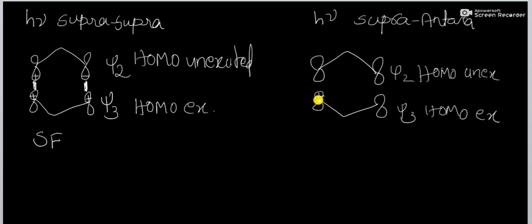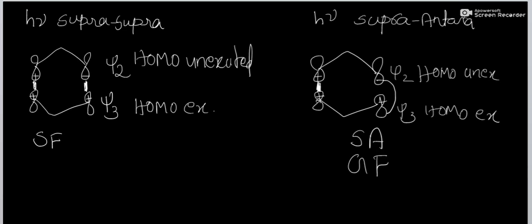So orbital symmetry will be plus, here plus minus. Then supra-antarafacial. This is supra addition. This is antarafacial addition. Supra-antarafacial addition is symmetrically allowed. Both the sigma bonds are bonding interaction. So it is symmetrically allowed. But we know that antarafacial addition is geometrically forbidden. So it is geometrically forbidden.